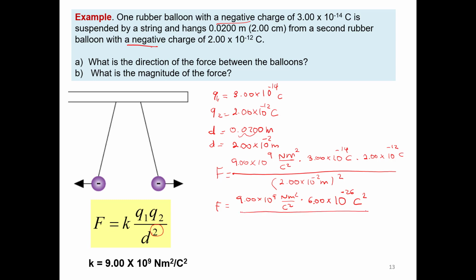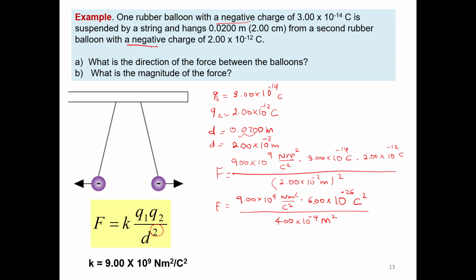Divide by 2.00 times 10 to the power minus 2 meters, and let's square the number. 2 times 2 equals 4. Remember, if we have a power of a power, we just multiply the powers. Minus 2 times 2 is negative 4, and we have to square the units also.